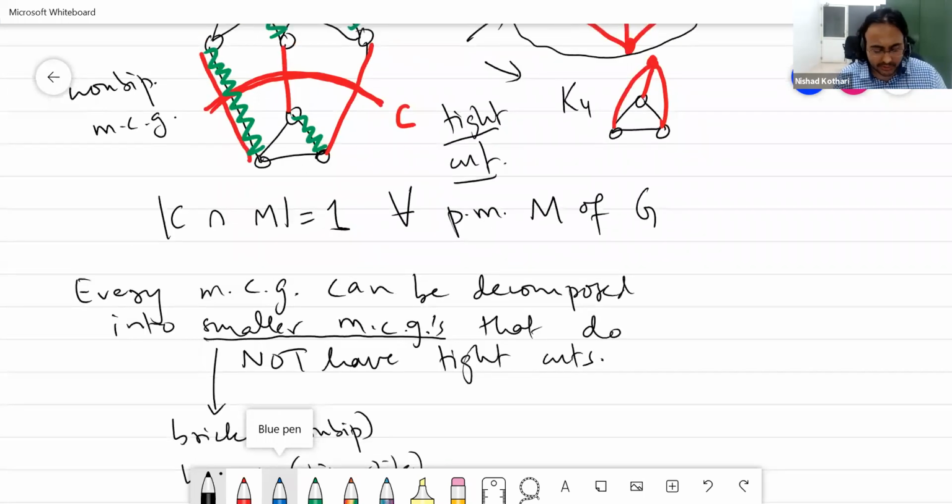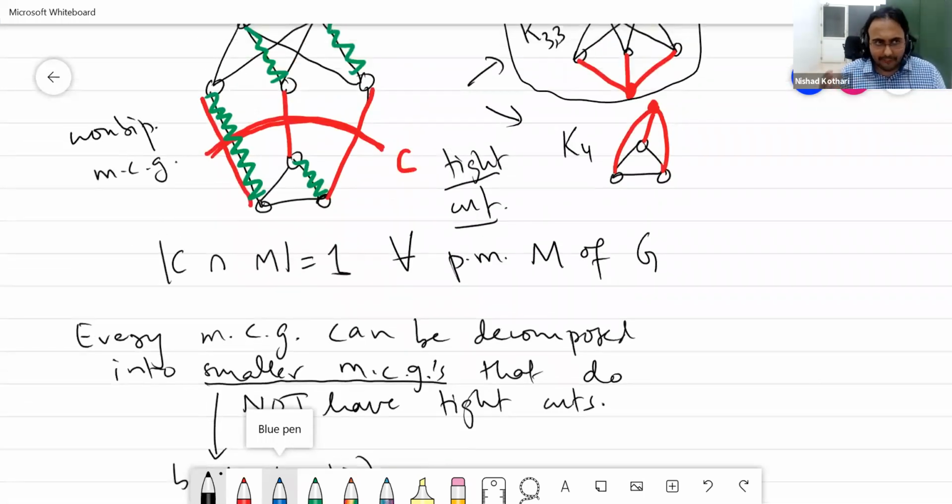So one of the questions you might immediately ask is, if I have a certain graph and Tanya has a certain other graph, and we both do this tight cut decomposition procedure, will we get the same list of graphs? Lovász proved in 1987 that no matter how you do the tight cut decomposition, the final list of graphs you get will be the same.